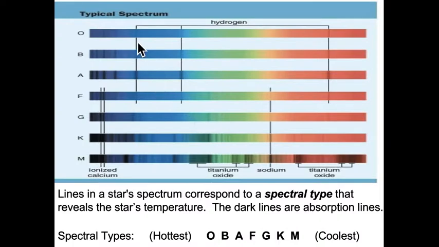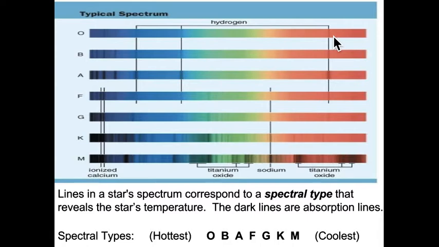And the spectrum is similar to if you shine white light through a prism. If you were to do so, you would just get the rainbow: red, orange, yellow, green, blue, violet. But here, instead of just getting the full color spectrum, you have some missing pieces. The reason is that elements in the star are absorbing certain portions of the spectrum.